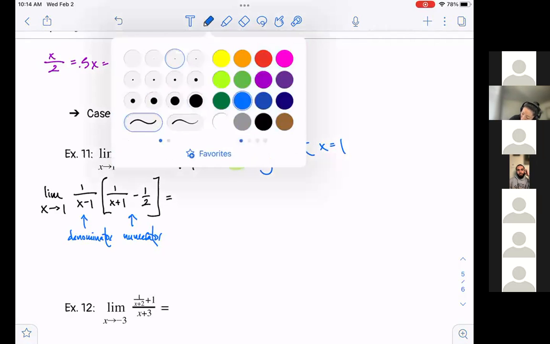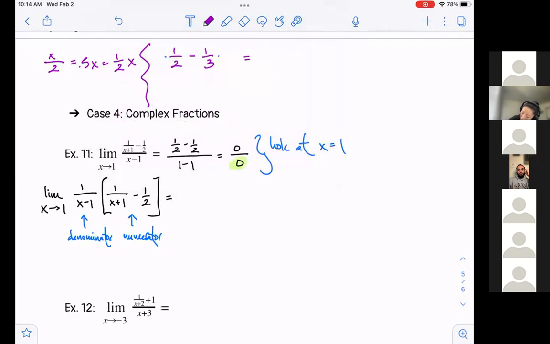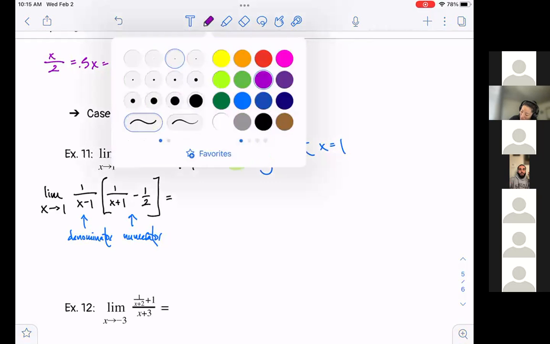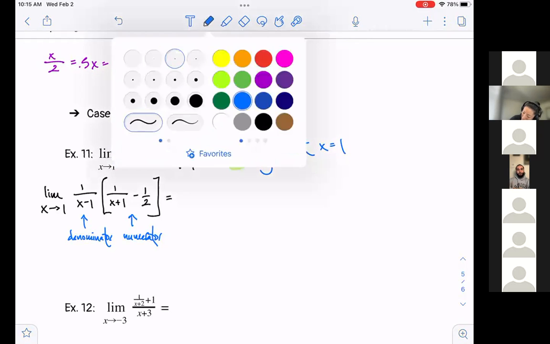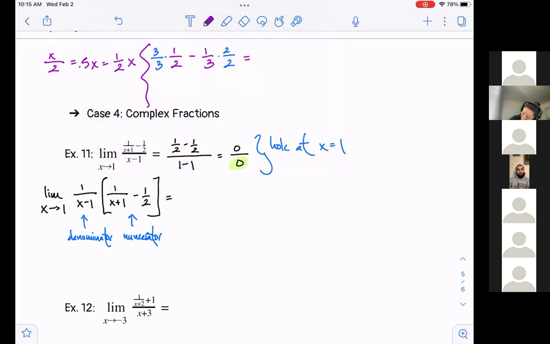But in fact, how would we create a common denominator here? By using 6. So times 2 times 3 on both top and bottom, and your denominator will remain at 6. Great. So if I do 3 times 3 here, that's going to make that first denominator 6. And if I do 2 times 2 here, I end up with another denominator of 6, and I get 3 over 6 minus 2 over 6.